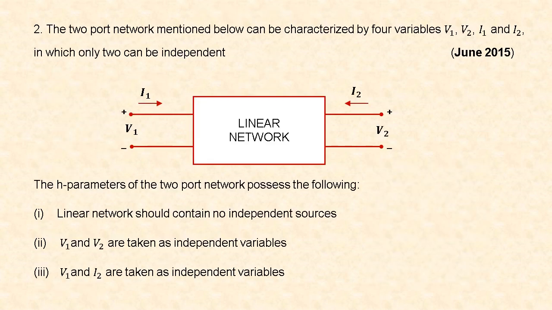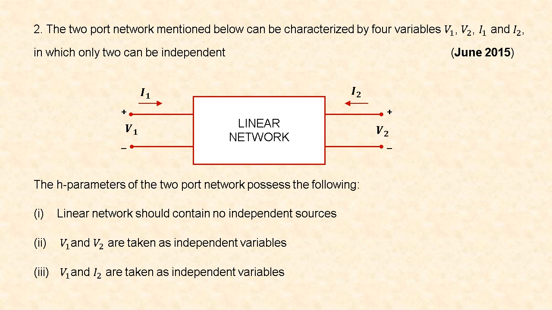Next question. This question was asked in June 2015. The two-port network mentioned below can be characterized by 4 variables V1, V2, I1 and I2, in which only 2 can be independent. And they have given the network, and the H parameters of the two-port network possess the following. First, the linear network should contain no independent sources. V1 and V2 are taken as independent variables.